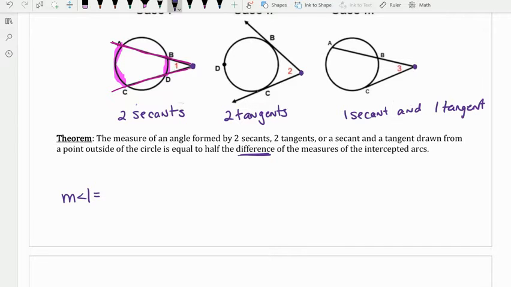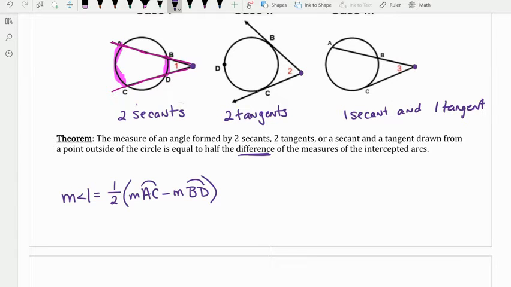I'm going to take half, just like before, and then I'm going to take the measure of arc AC minus the measure of arc BD. Now you do want to be careful on the order here. You want to do the bigger arc minus the smaller arc, okay?